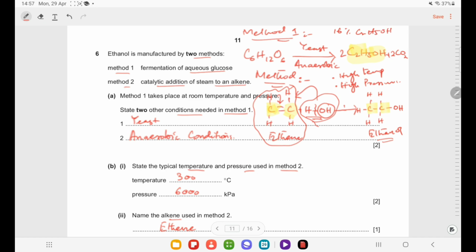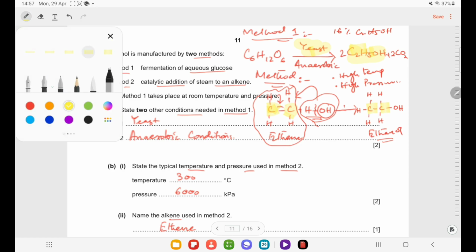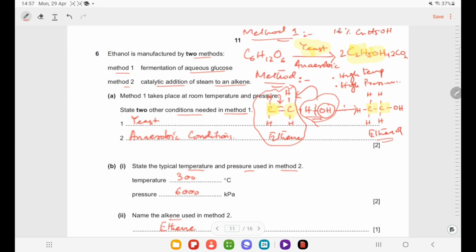Yeast cannot synthesize more ethanol, because here we have a living thing in this system. If the percentage of ethanol exceeds 16%, it becomes toxic for the yeast, so the yeast starts dying. So we can only get a maximum of up to 16%.